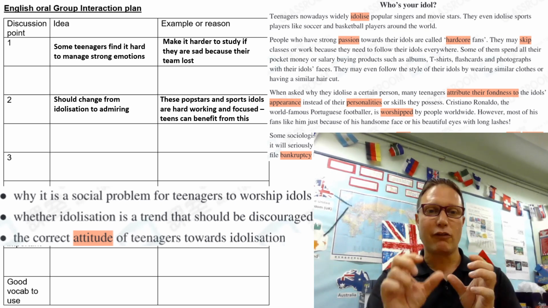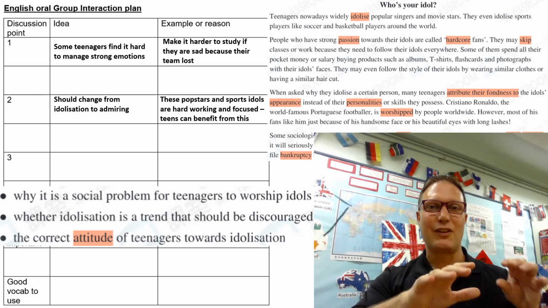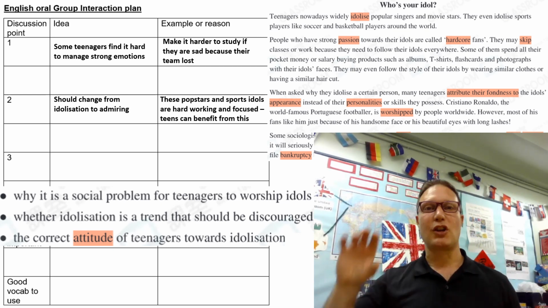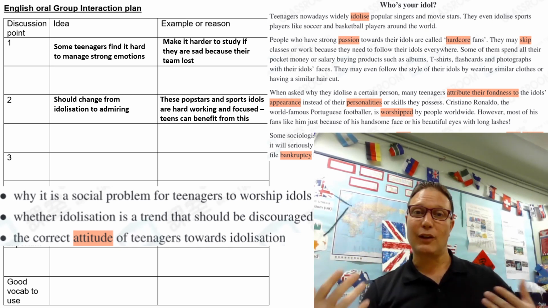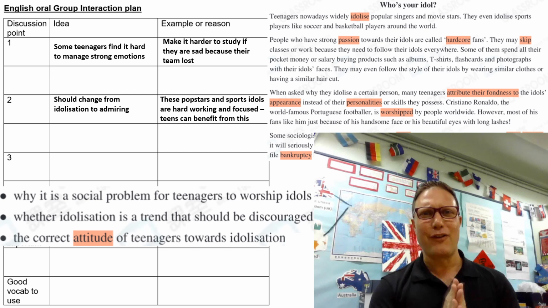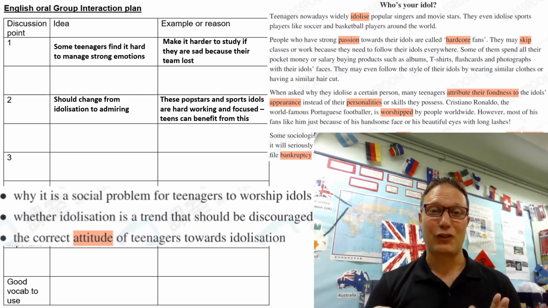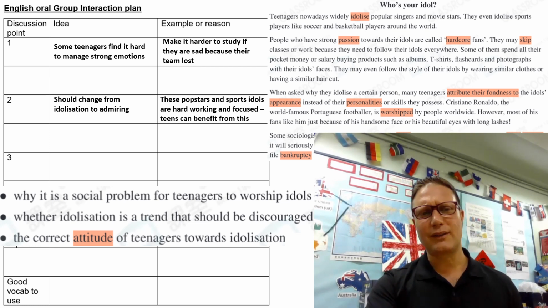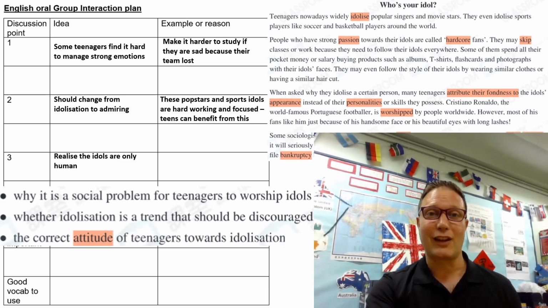So if we encourage people not to idealize the K-pop stars so much, but change it to what you can admire, what skills you can get. So never give up is something that I often hear from Hong Kong students, and that's a skill you can get.